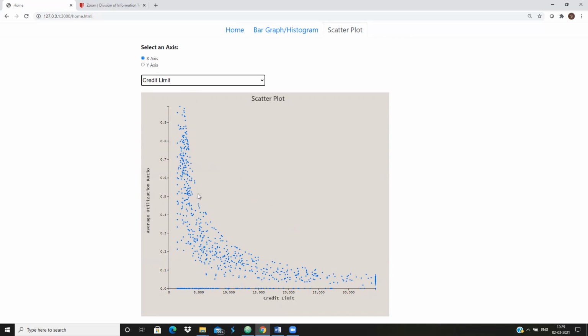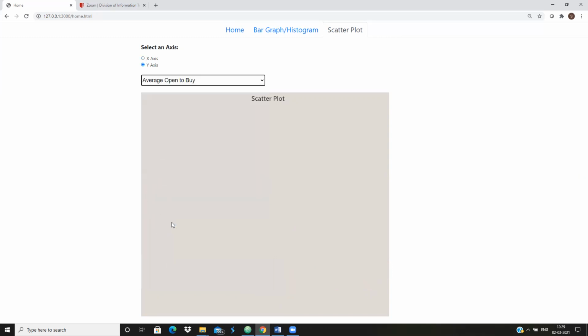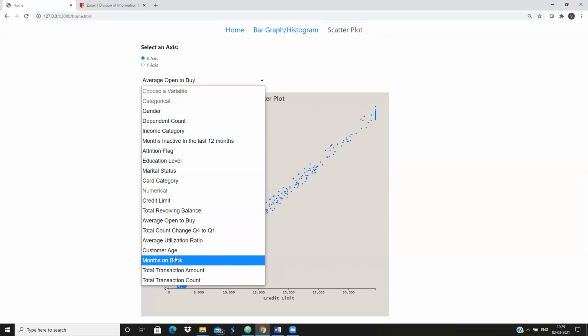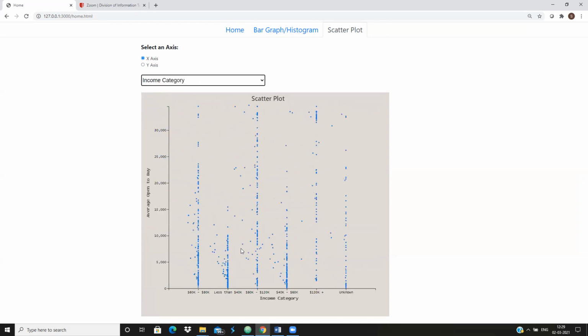Let's also try average open to buy versus income category. On the y-axis, we will have the average open to buy, and on the x-axis, we will have the income category, right? You can see that this is a numerical versus a categorical plot.